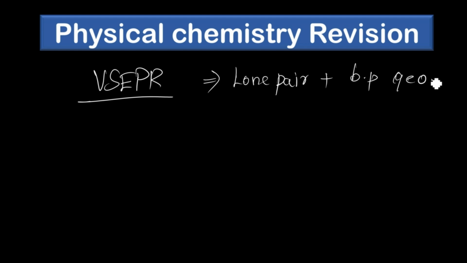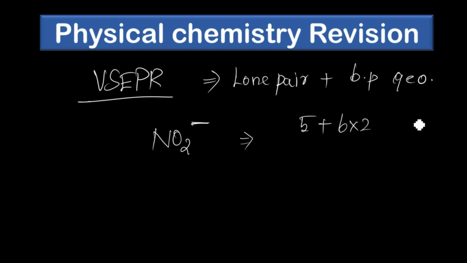I will give you a simple example, which is NO2 minus. So how will you do that? The valence electrons of nitrogen are 5, plus oxygen, the valence electrons are 6, so 2 oxygens are there, 6 into 2, 12.